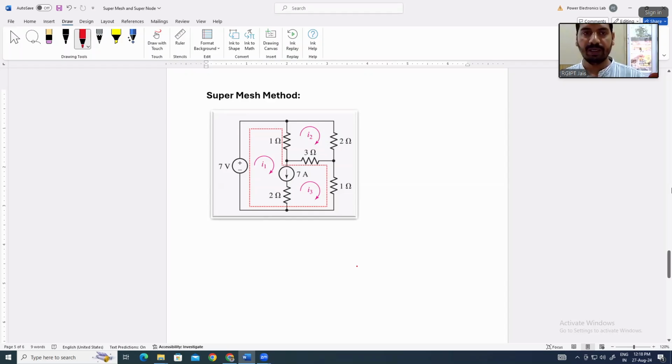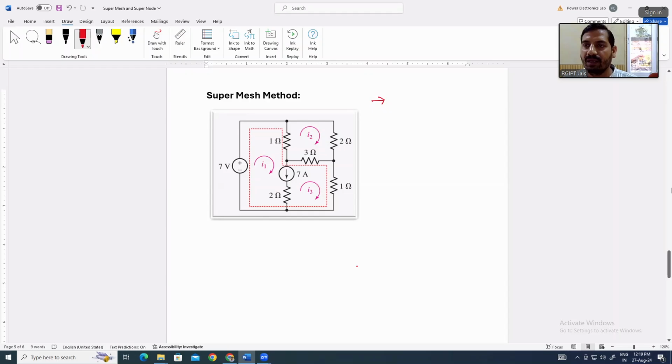So we will take this problem to look at the super mesh method. In the super node method, as we have seen in the previous example, if there is a voltage source in between two nodes, it will be considered as a super node.